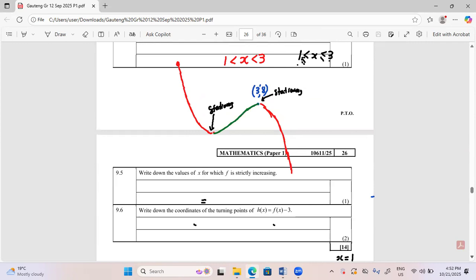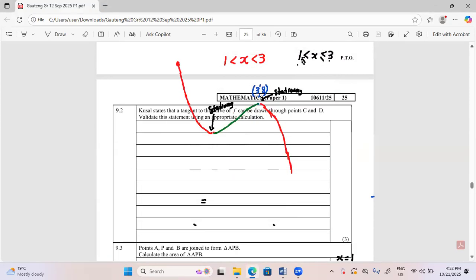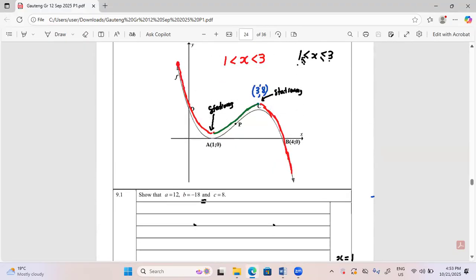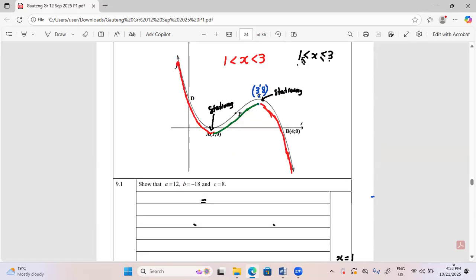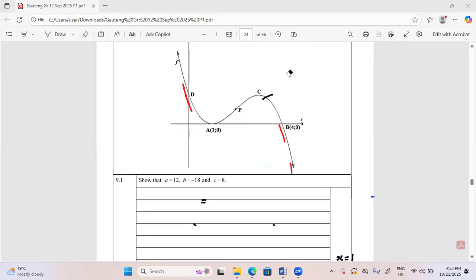Write down the coordinates of the turning point of h, if h is f of x minus 3. Very interesting question. Okay, they want the coordinates of the turning point of h.